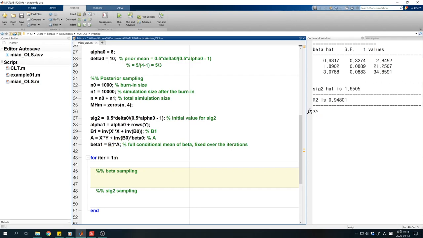So then say beta equals beta 1 as the mean plus randn. How many parameters in beta? 3 by 1, right? But the variance covariance is what?